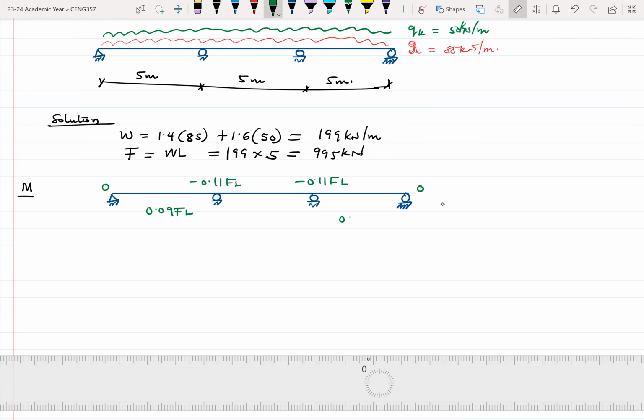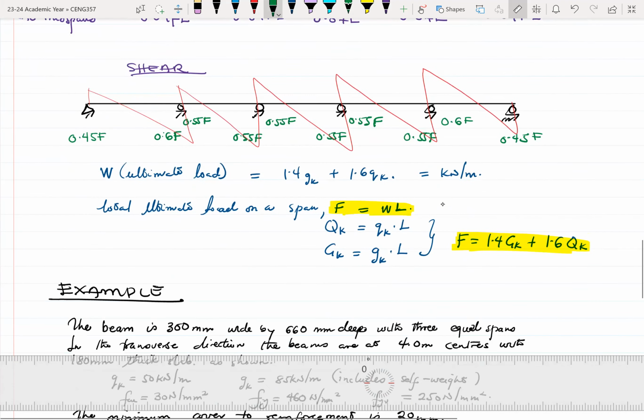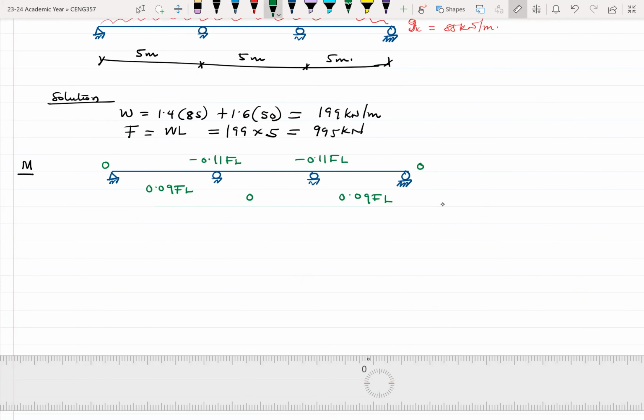Then here is 0.09 FL. And then this will be, what's that, right? 0.07, right? Yeah. So this is 0.07 FL.